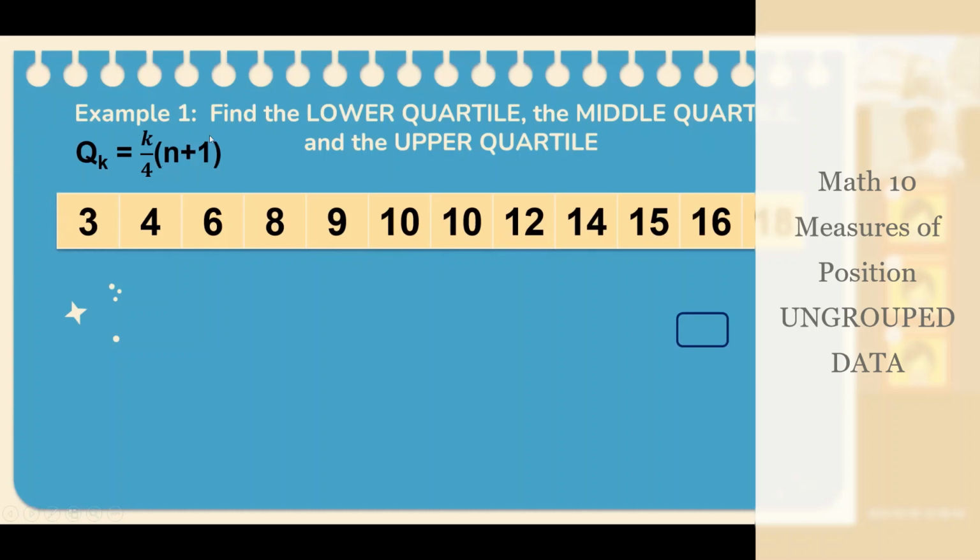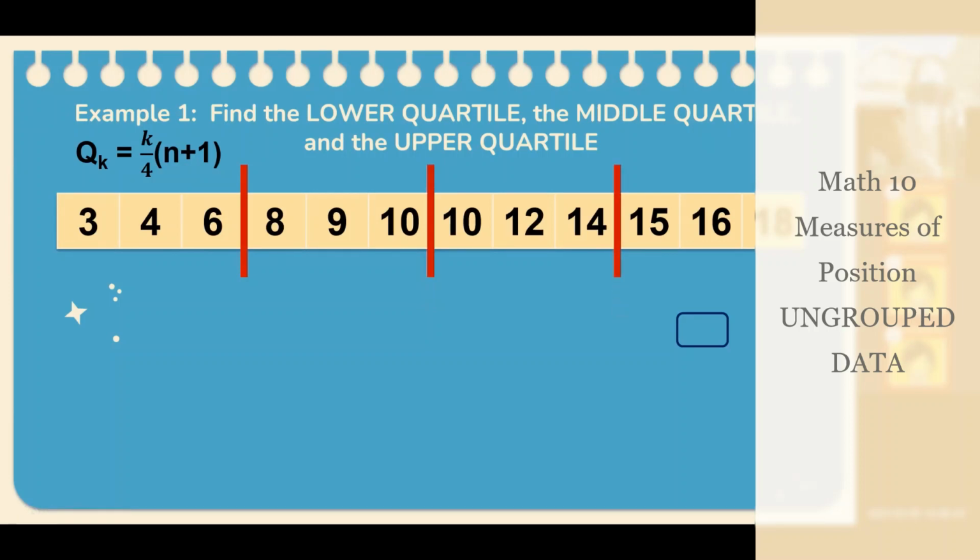So of course, we have to use this formula, yung my Q, because it's about quartiles. So Q sub K is equal to K over 4 in close parentheses, times in close parentheses, n plus 1. So let's see. Okay, if you are dividing this into 4 equal parts, then you will have 3 cuts.